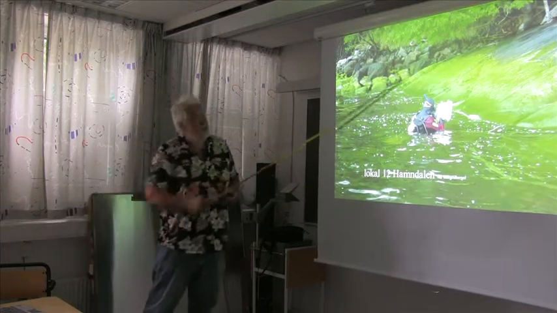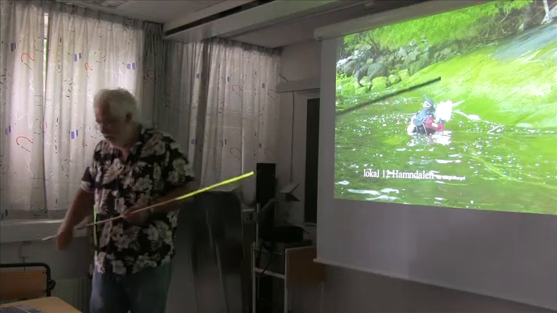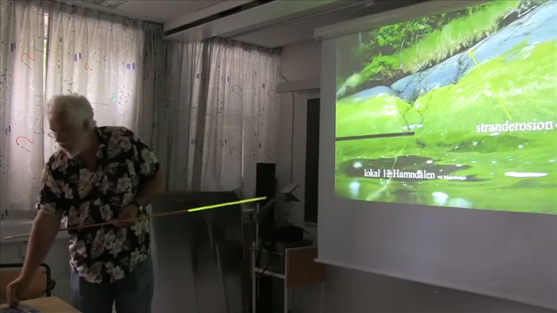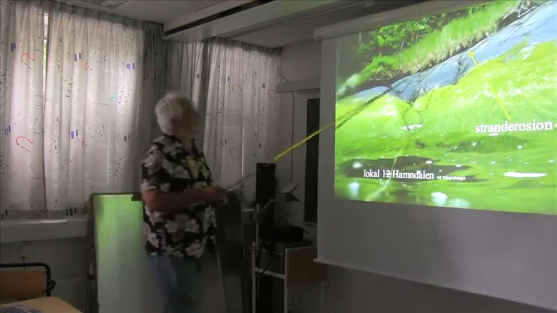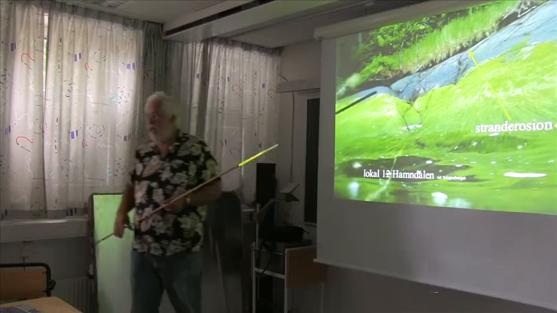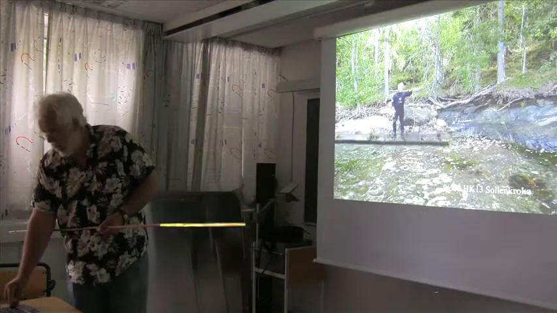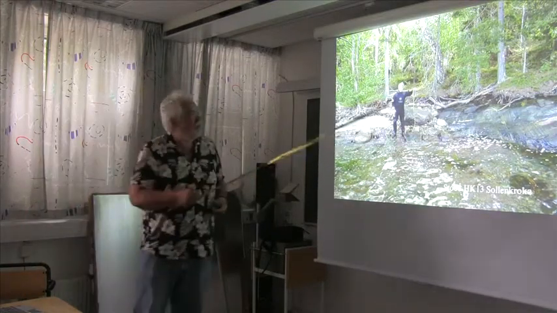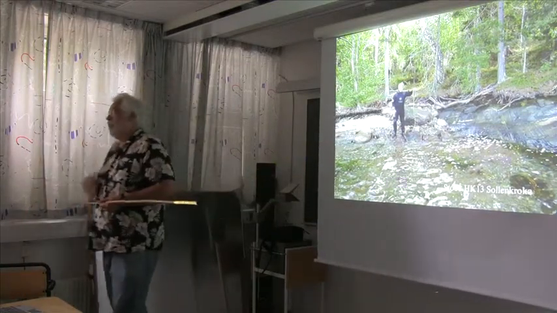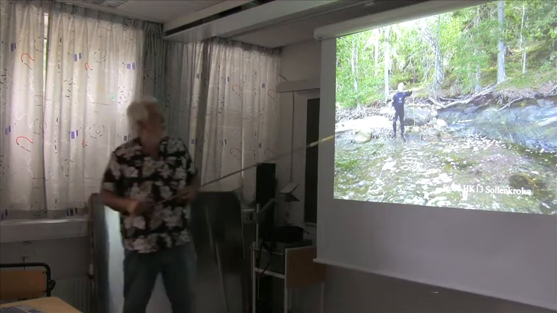So this is a typical example of what wave exposure can do. And you also see these erosion lines, what wave exposure does. It takes away all the fine sediments. And this is of course a problem when it takes away the woods too.